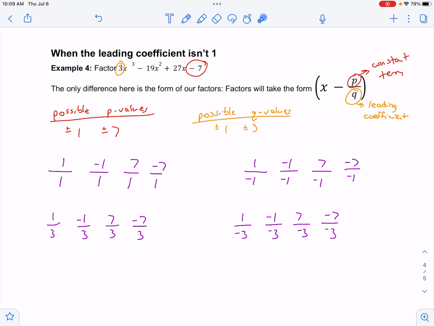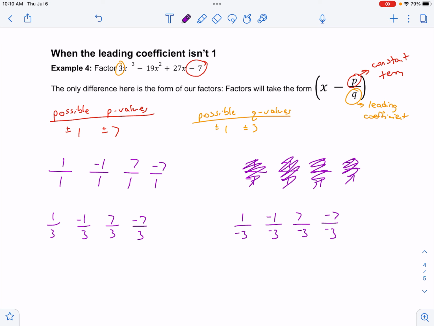Now, we've got a lot of redundancy here, and so we're literally just going to scratch off everything that's redundant. -1 divided by -1 is +1, and we've already got that here, so I'm just going to scratch that off. The negative sign on a fraction doesn't make a difference, so I'm going to scratch this one off, this one off. -7 over -1 is the same thing as 7 over 1, so I can also scratch that one off.